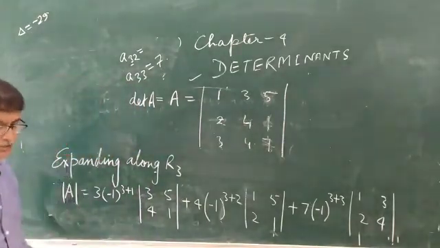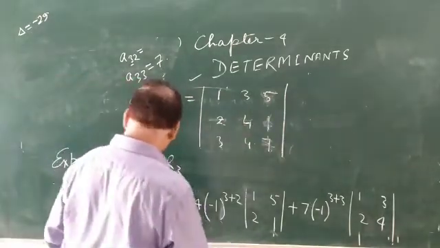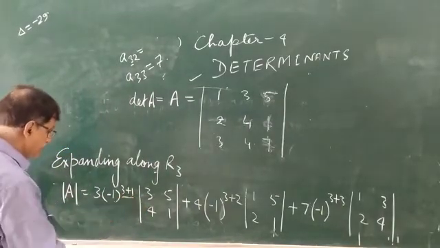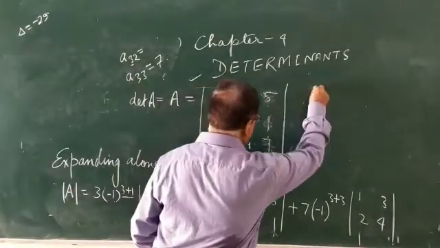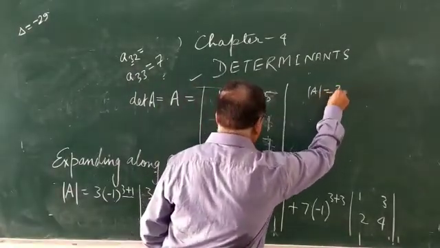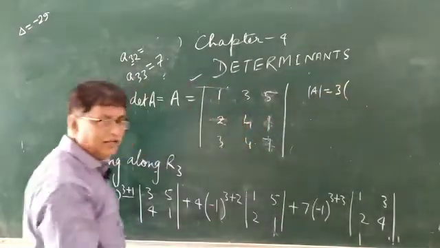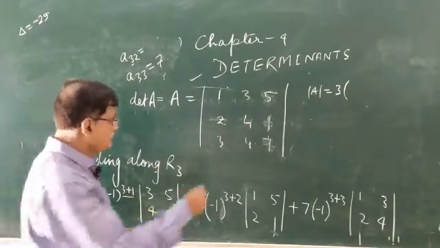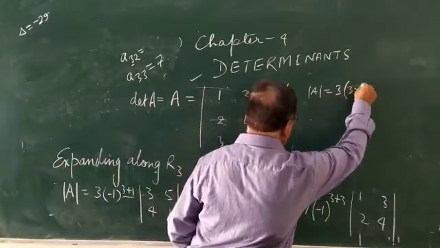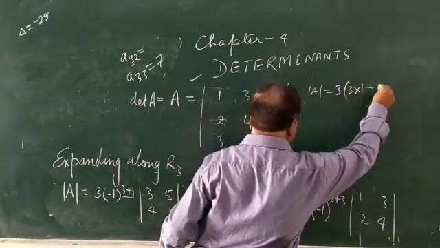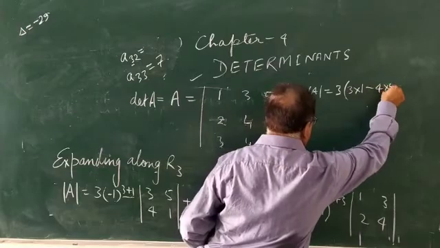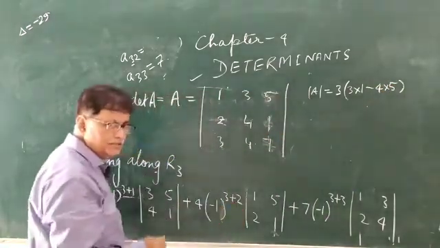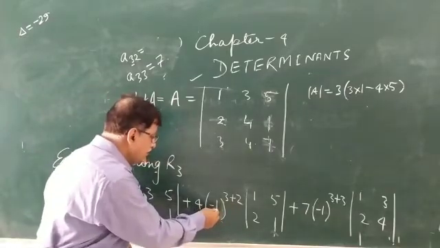Then now you calculate, what do you get? See this, 3 plus 1, that is 4, and it is an even number, so it is positive. 3, and now expand the 2 by 2 determinant: 3 into 1 minus 4 into 5. Now see this, 3 plus 2, that is odd, so it will be negative.